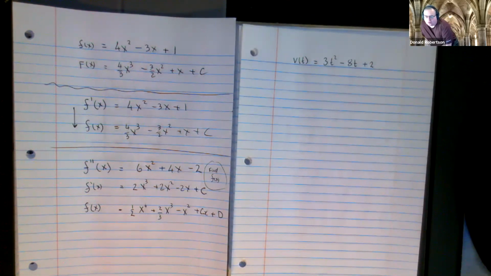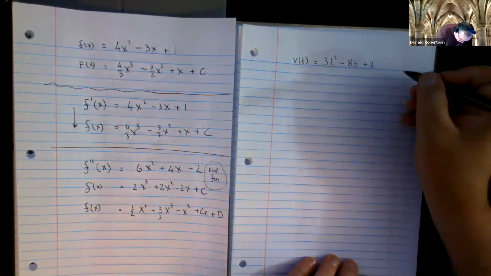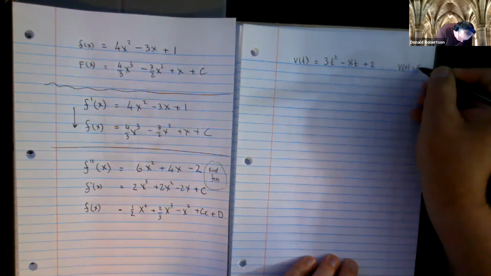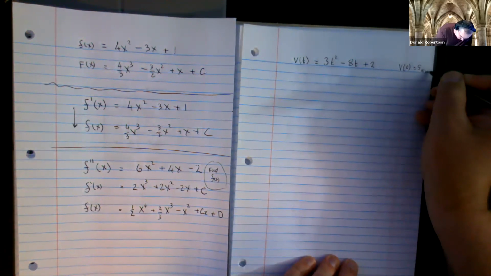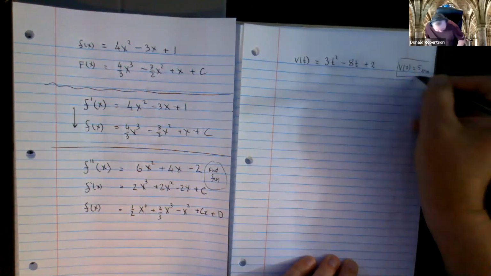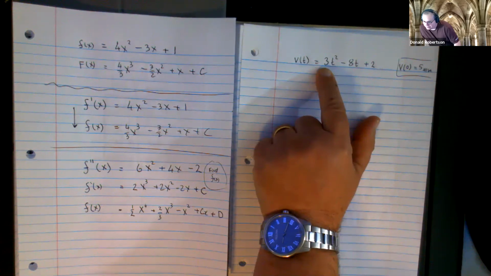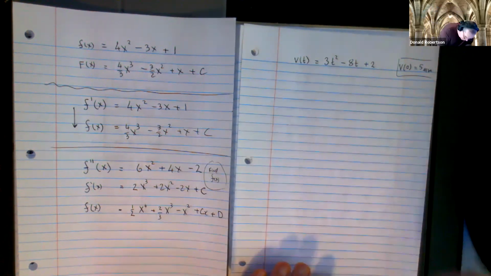Suppose I have managed to find a formula for the velocity of a moving object at time t. Right? I got this formula. And I tell you that the velocity at time 0 is 5 meters per second. That'll come in later. I can find the position function.